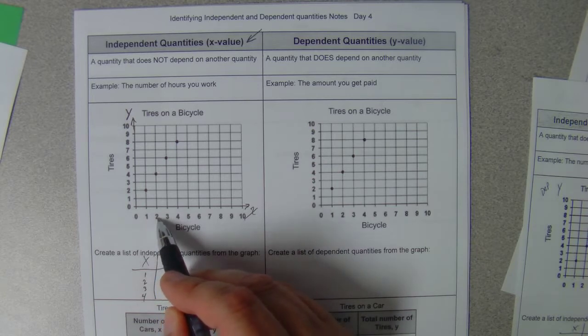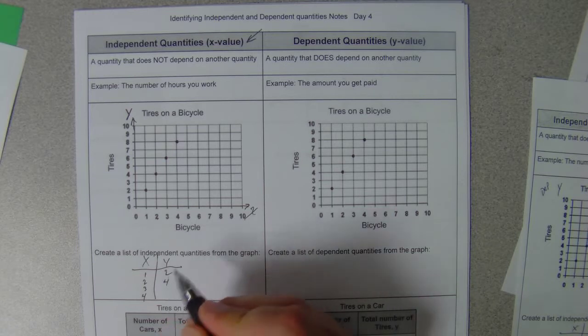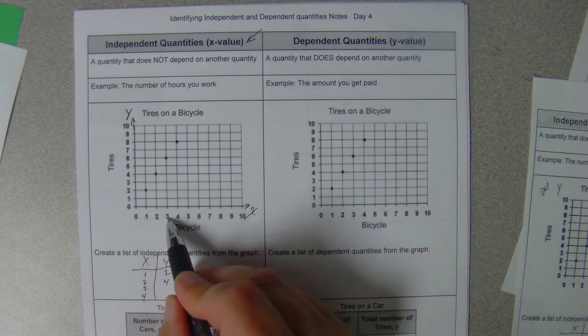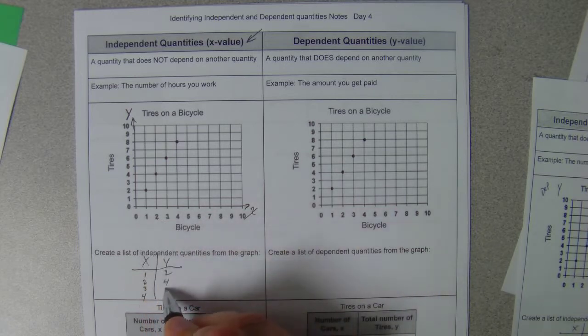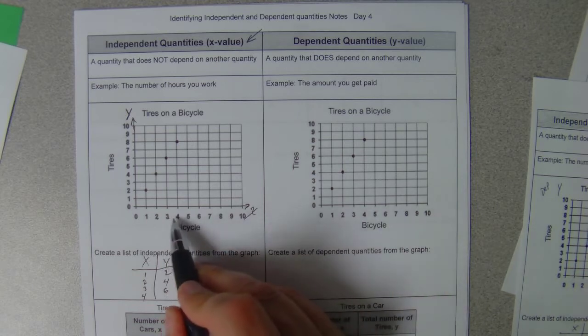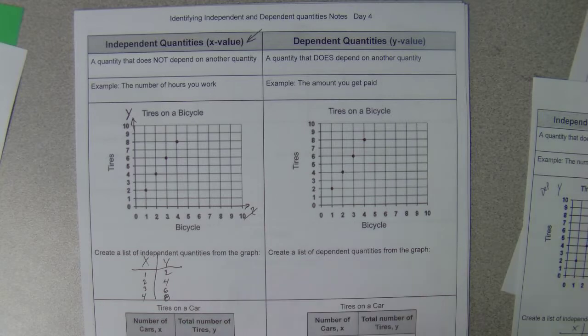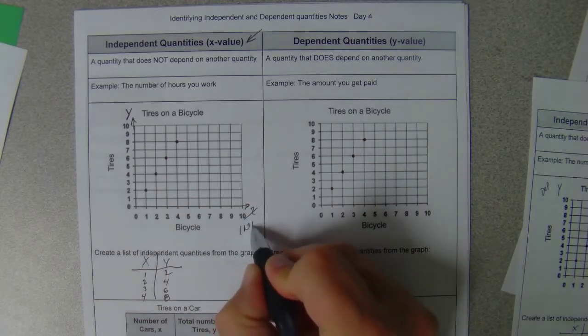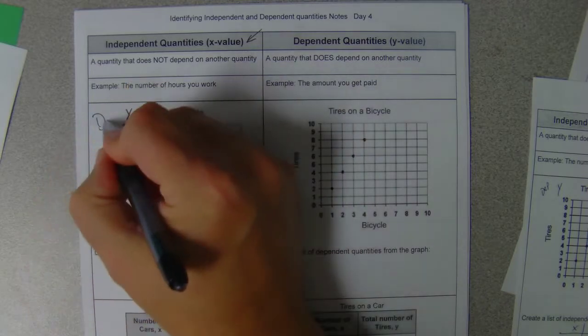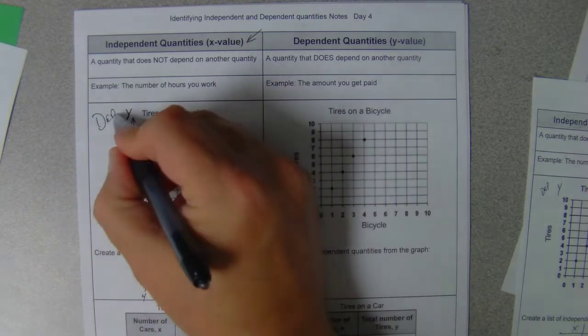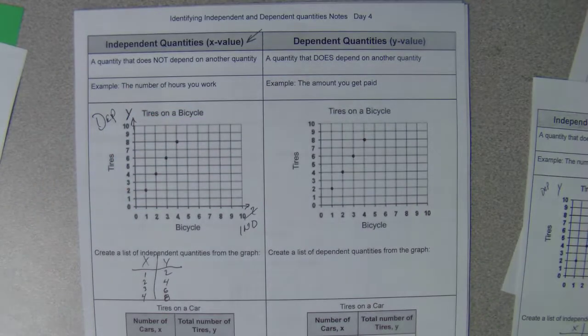Where X is 2, it is 4. Where X is 3, it is 6. And where X is 4, Y is 8. All right, so this is your independent, and this is your dependent. Let's move on to the next.